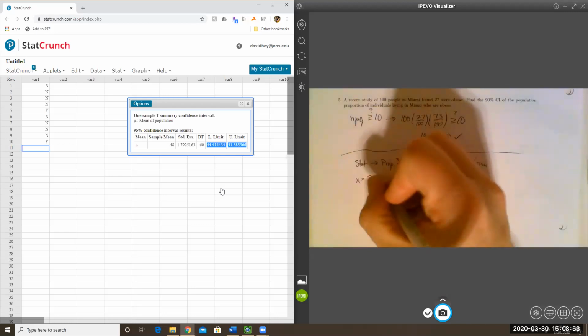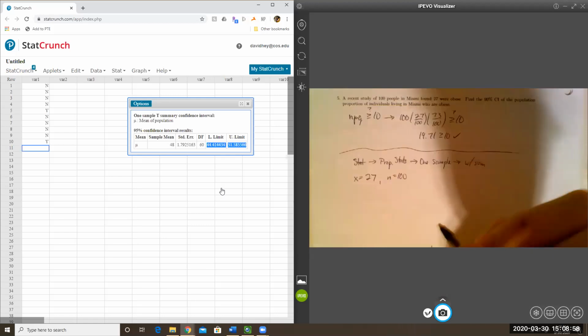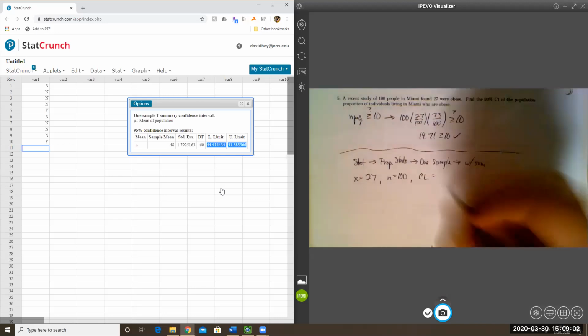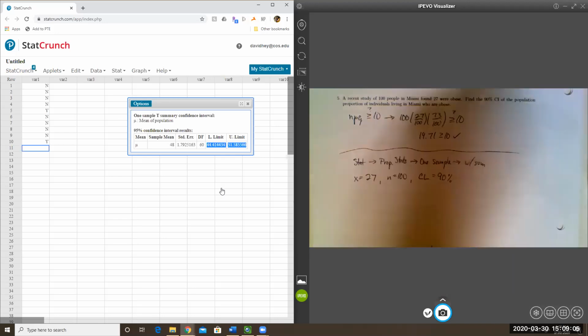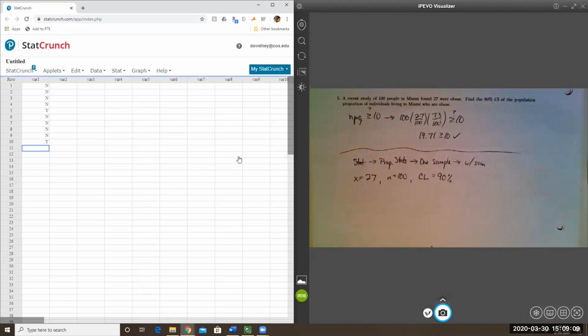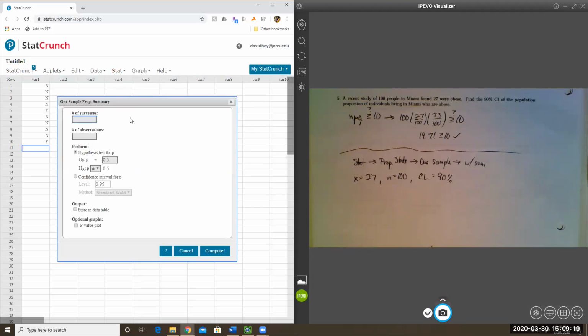So we have 27 successes out of 100 observations. We'll also be prompted for the confidence level. We want a 90% confidence level in this case. So let's go to StatCrunch and see what we get. All right, so we say stat, proportion stats, one sample with summary. We had 27 successes out of 100 observations, and we want a 90% confidence level.